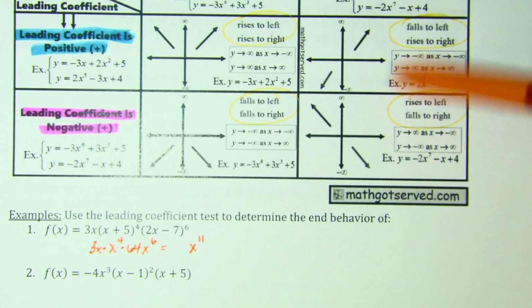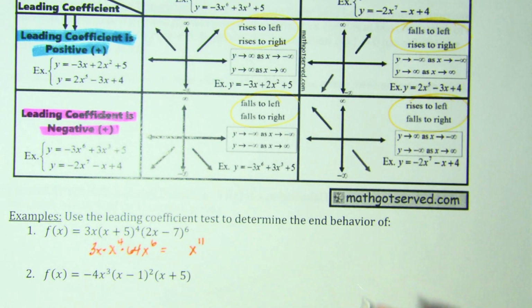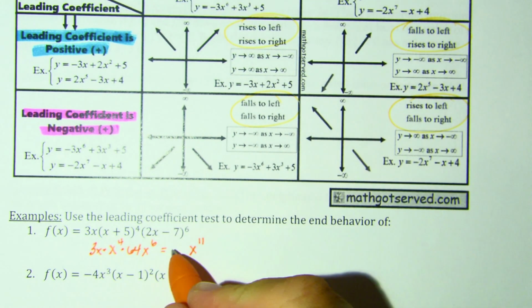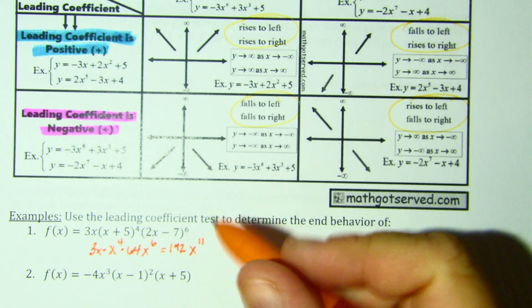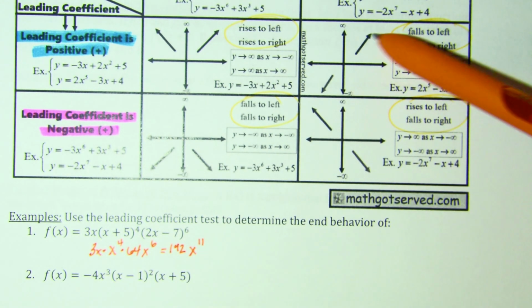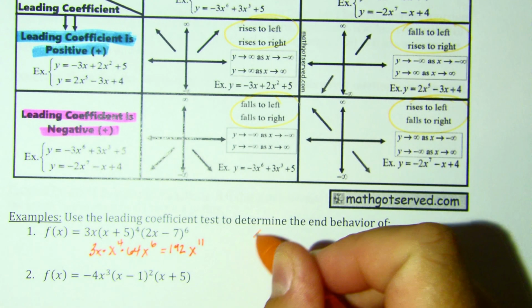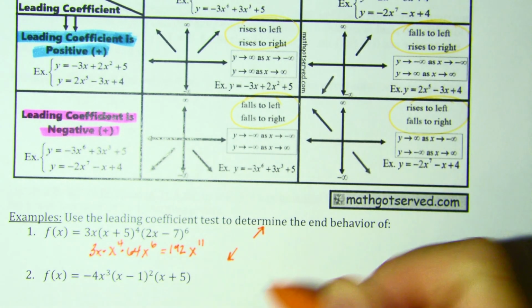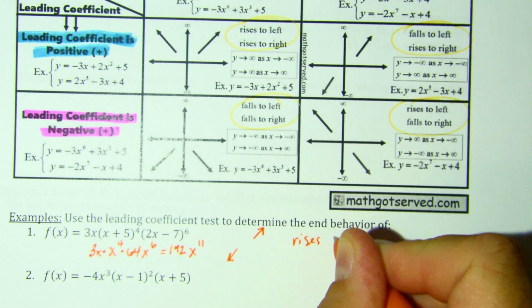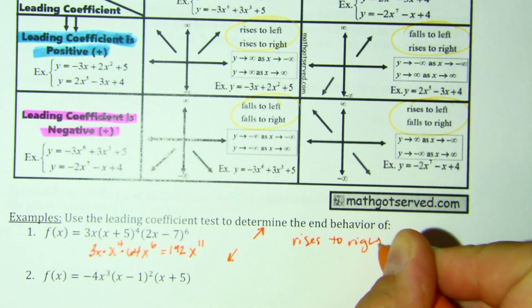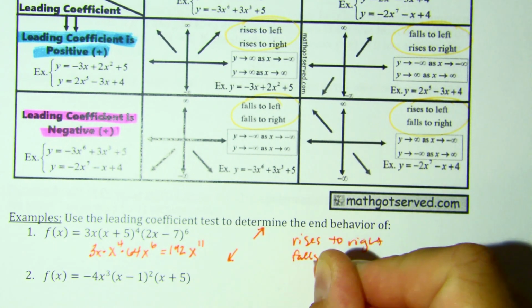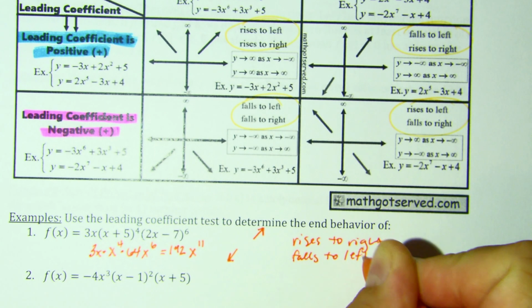So that means it's one of these two cases. And 3 times 64 is 192. And that's positive. So that means it's this scenario here, where my ending arrows are going up this way and down this way. So it rises to the right and falls to the left.